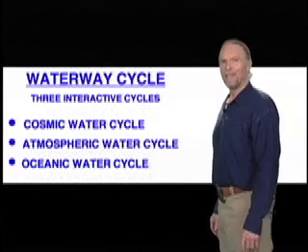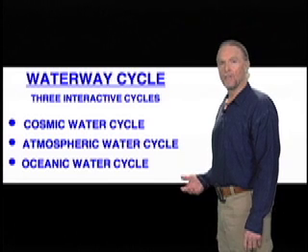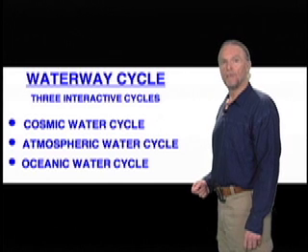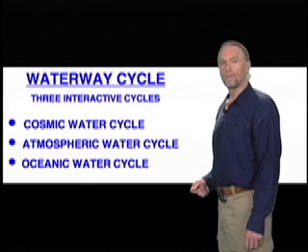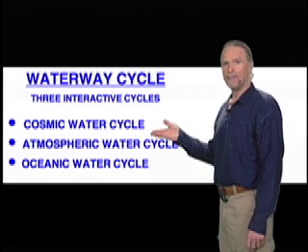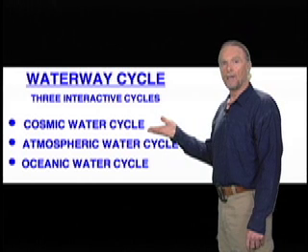Now, as explained in the beginning of this presentation, this is the first time in history that this new definition of the water cycle is being made available to the public and revealing how our water cycle is made up of 3 interactive water cycles. Again, we have the cosmic water cycle, whereby we have extraterrestrial water coming to our planet Earth, and also whereby we are losing water to outer space.